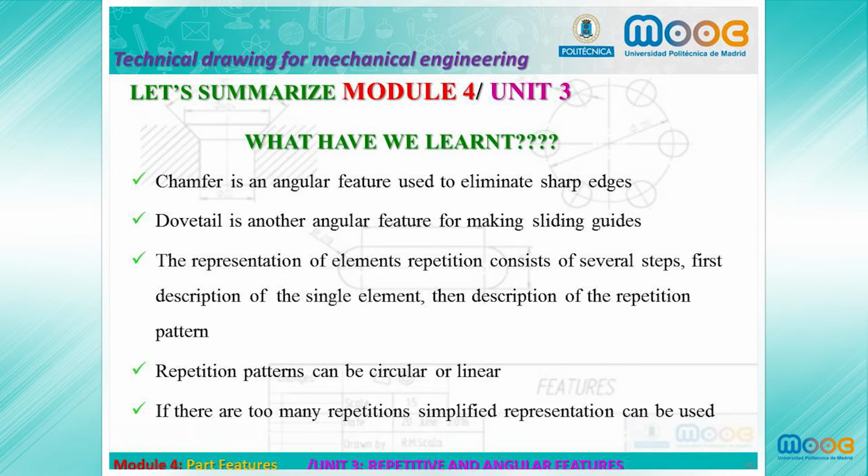Repetition pattern can be circular, whole circumference or partial arc, and linear, segment or rectangular. If there are too many repetitions in a pattern, we can use a simplified representation, always keeping a clear representation of the pattern.